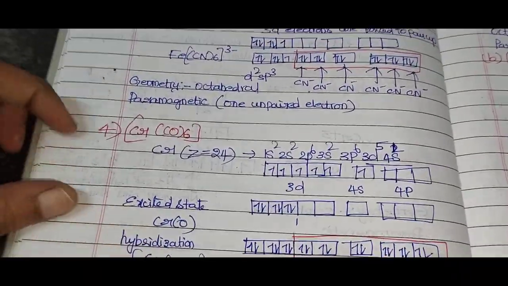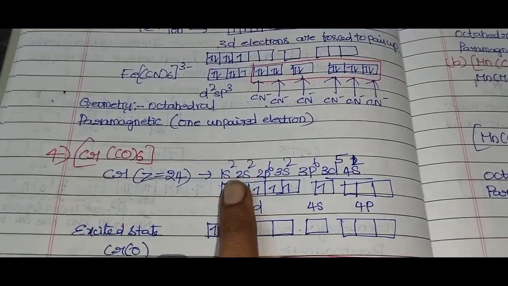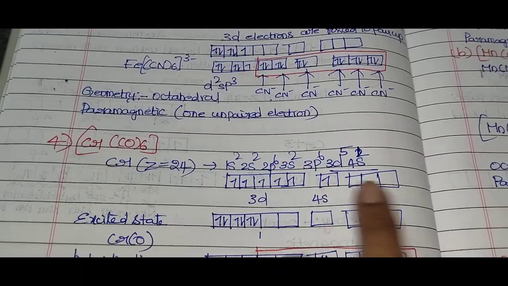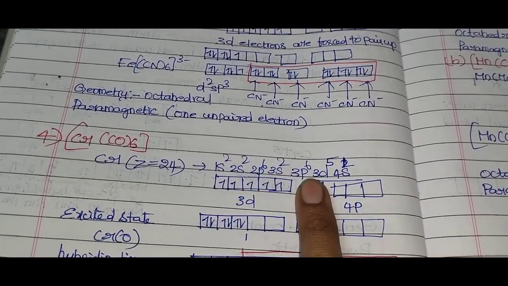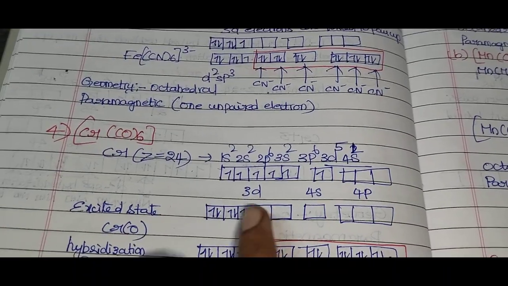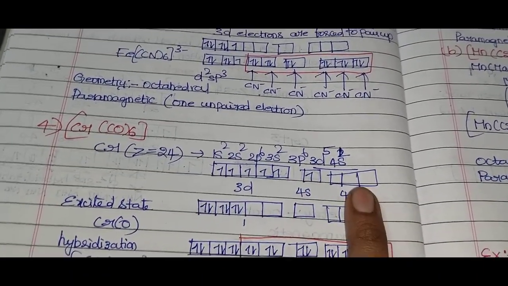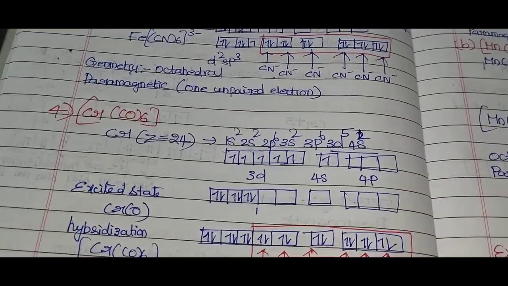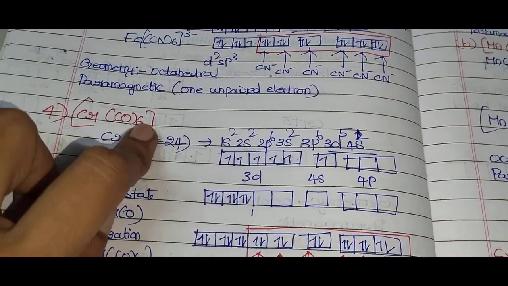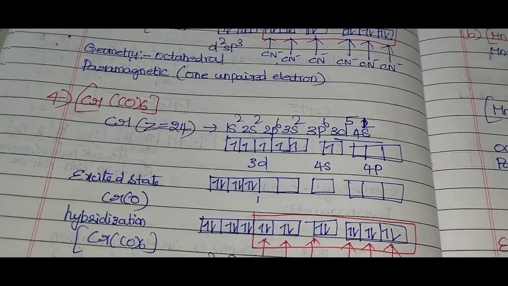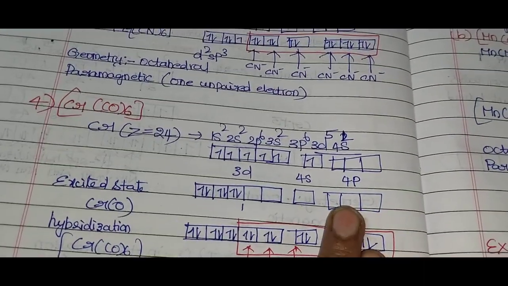Then one more example: Cr(CO)6 complex. So chromium, its atomic number is 24. Again we will write the electronic configuration: 1s2 2s2 2p6 3s2 3p6 3d5 4s1. So 3d5 all are singly occupied, 4s1 singly occupied, 4p is not there, empty. So what happens here? They didn't give any number, so the oxidation state is 0. So nothing is removed, no electrons. Then what happens?